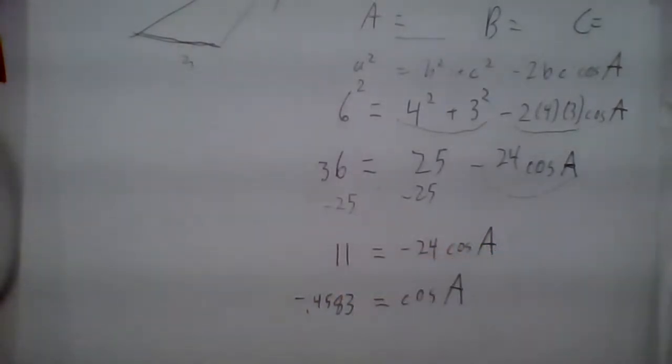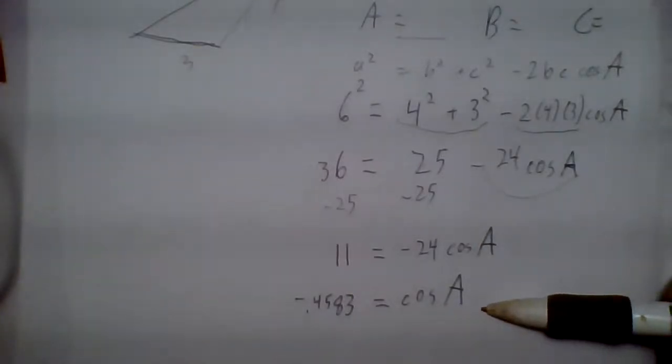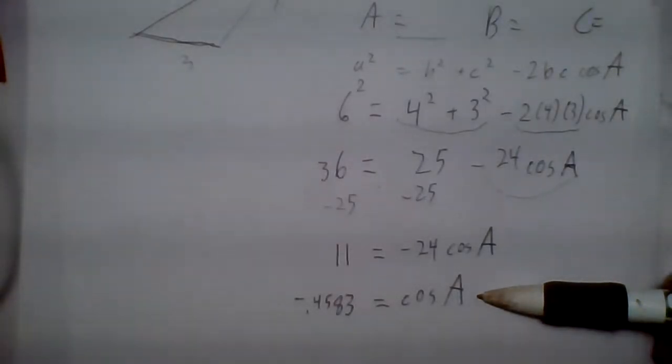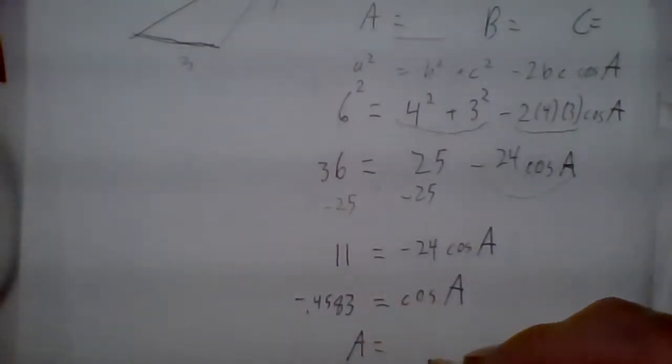But that's not one of the angles or the sides. That's the cosine of A. Cosine of something can be negative. That just means you're in one of the quadrants where cosine is negative. Now it has to be second quadrant here. You can't be over 180 degrees in a triangle. So this has got to be a second quadrant angle. And your inverse cosine button knows that.